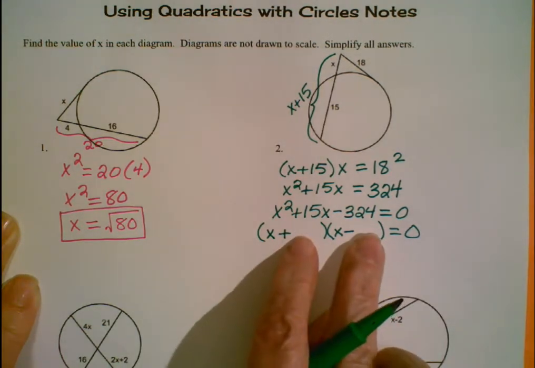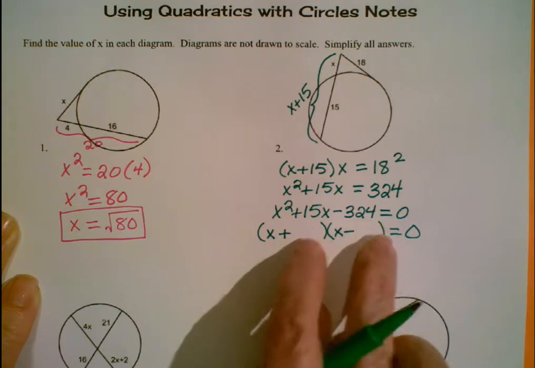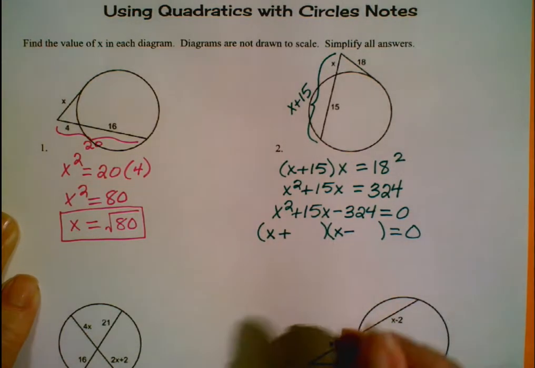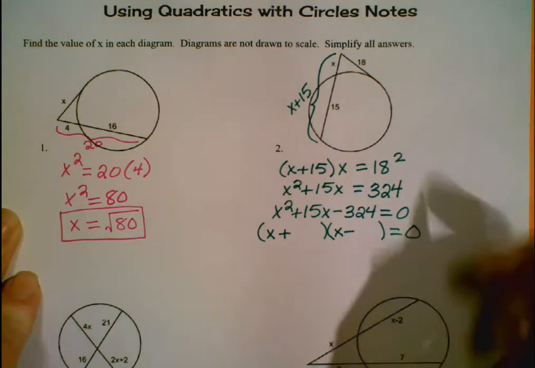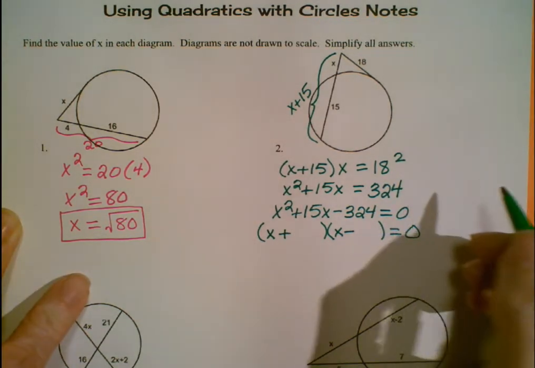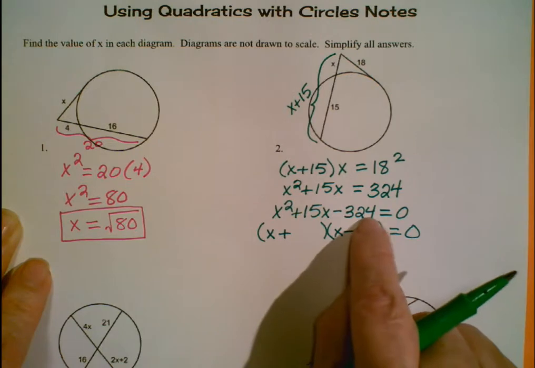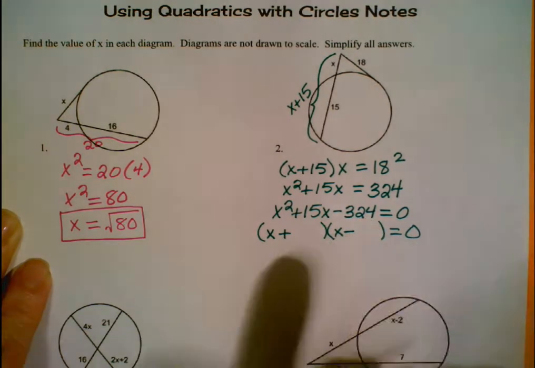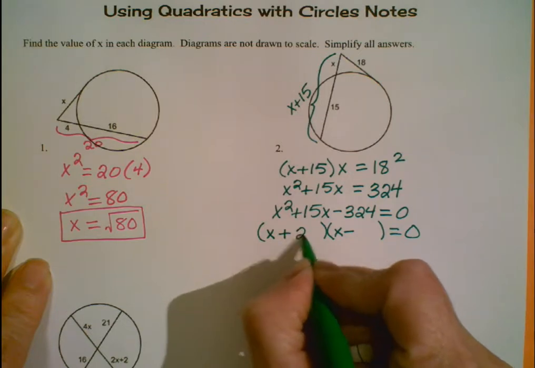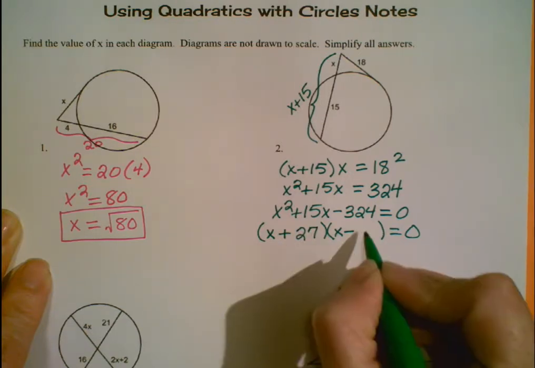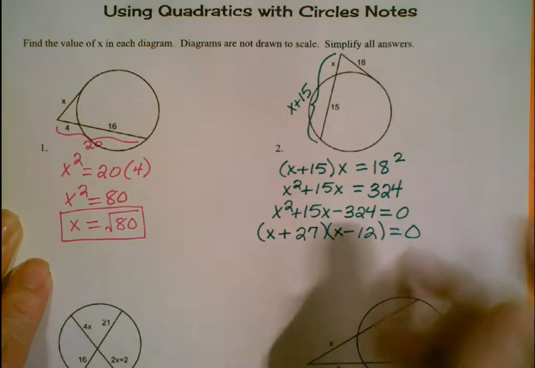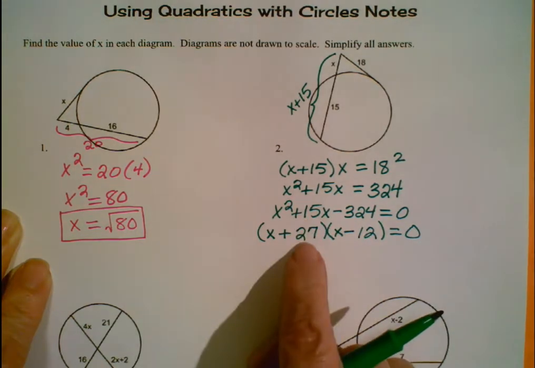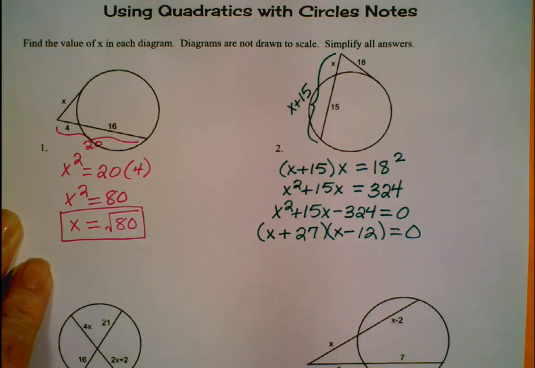So I'm looking for two numbers that have a product of 324 and a difference of 15. So let's see, 324 is 27 times 12. And you could hunt and peck for that one for a while, but I'm going to just tell you that it's 27 and 12 for the sake of time. So positive for the 27, minus for the 12, and I know that's the direction it's going to have to take in order for this middle term to be a positive 15. The larger number has to be positive.